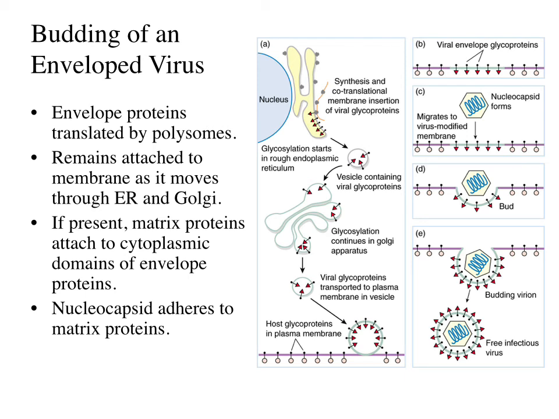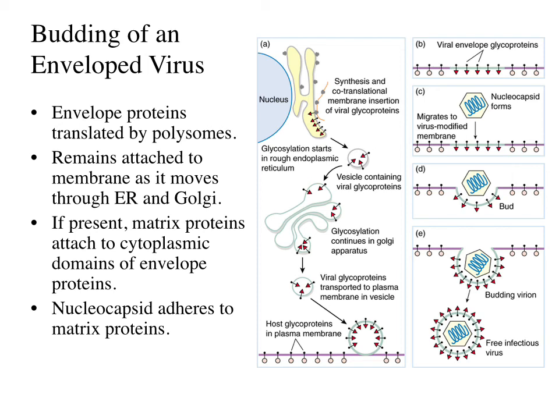And as the protein is being translated, it's being inserted into the ER. Then glycosylation of the inserted portion of the protein can occur in the rough ER, which eventually is moved up to the Golgi apparatus.